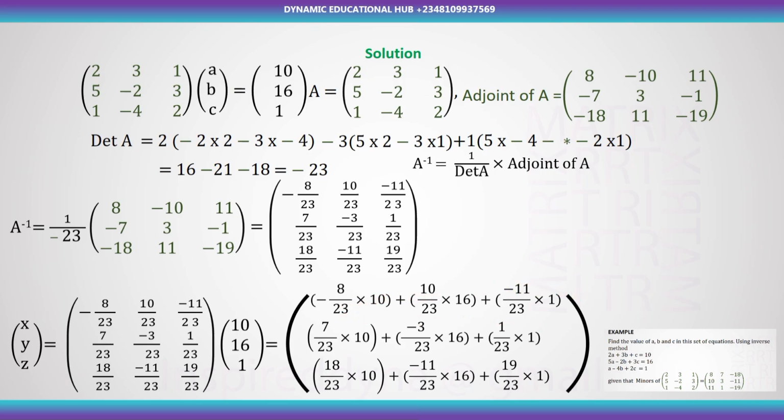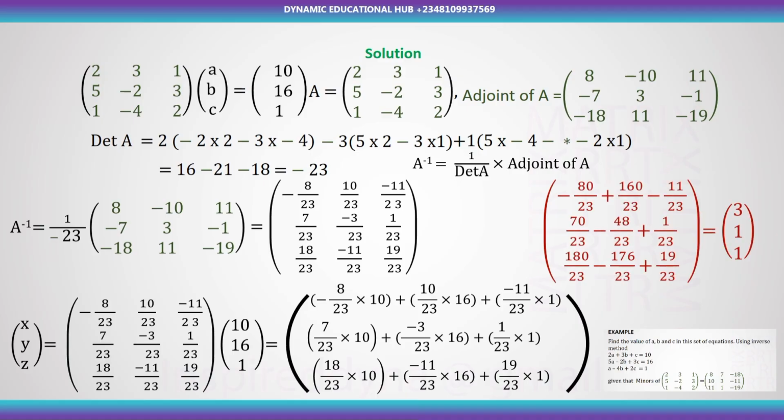To do that, for this, we are going to get minus 80 over 23, just like 8 times 10, 80. For this, we are going to get plus 160 over 23. And for this, we are going to get minus 11 over 23. And for this, we are getting 70 over 23.